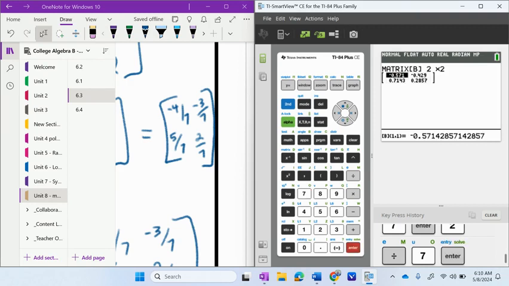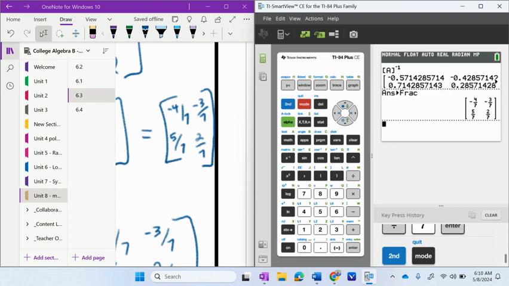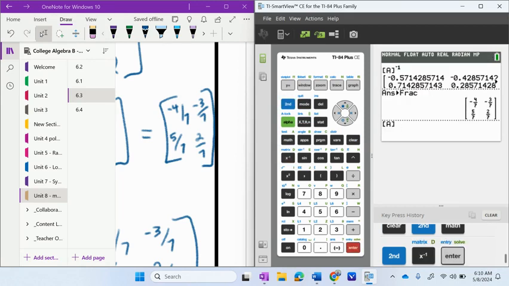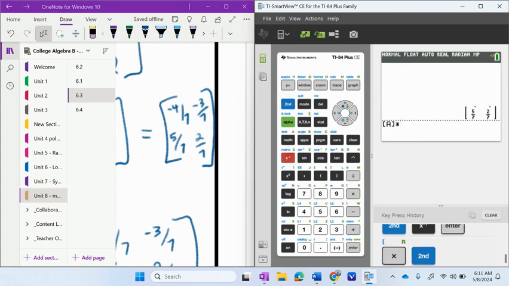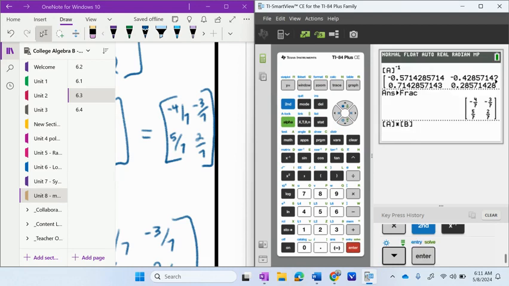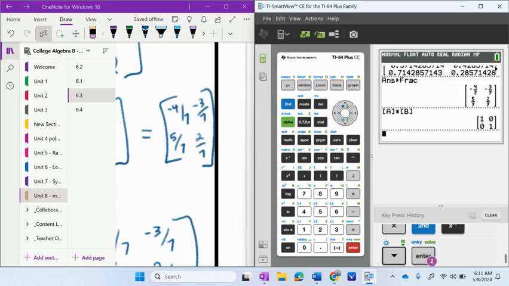All right, get out of that screen. Then if I take matrix A times matrix B and hit enter, I get the identity matrix 1, 0, 0, 1.